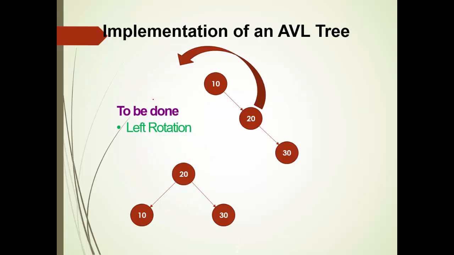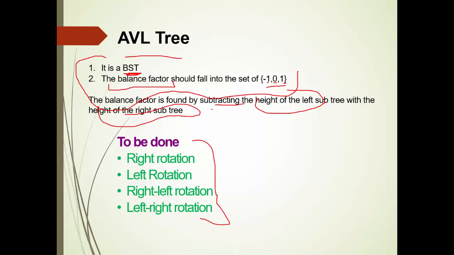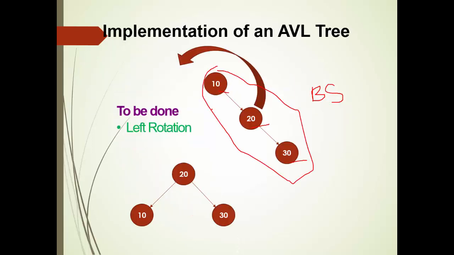So this one, we are having like 10, 20, and 30. This is an example. And from here, it is a BST. True, this is a BST. But then we need to check, is the balance factor -1, 0, or 1 for all the nodes?